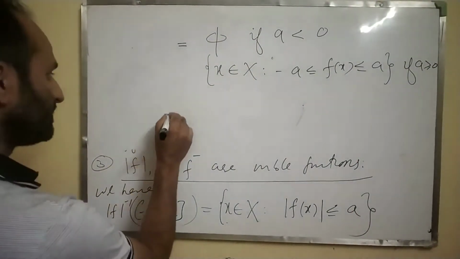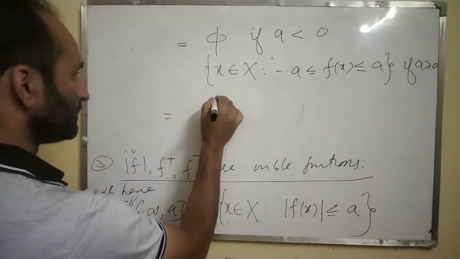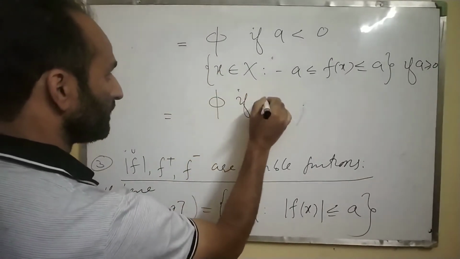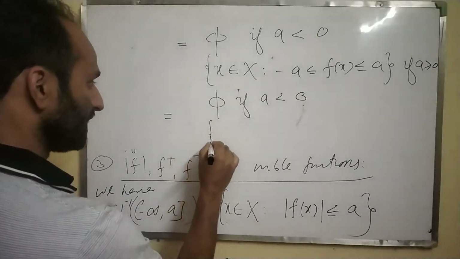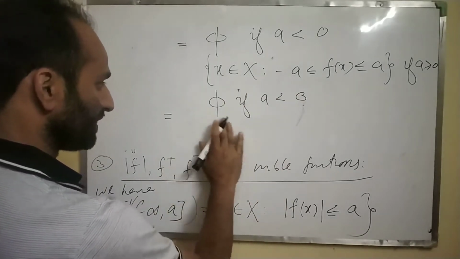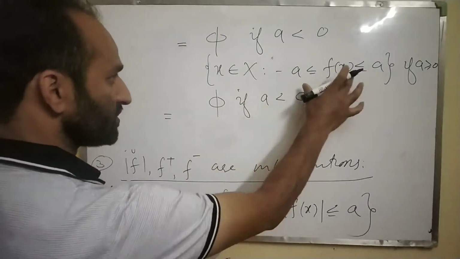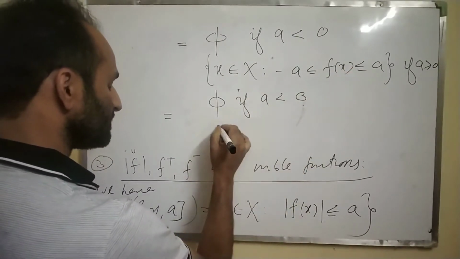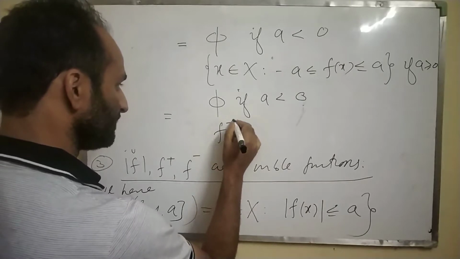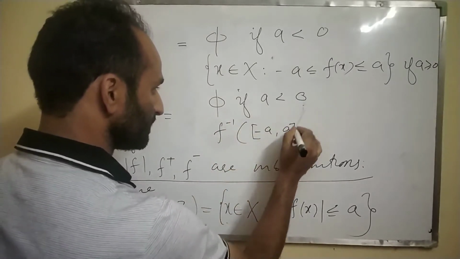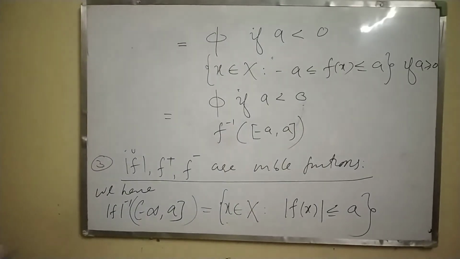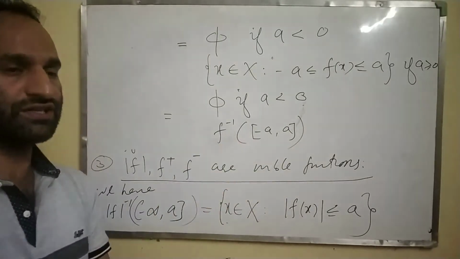So you can write it as its inverse image of this closed interval, f inverse of minus a to plus a. It's inverse image of the closed set minus a to plus a.